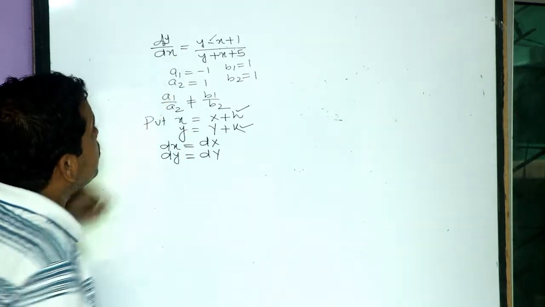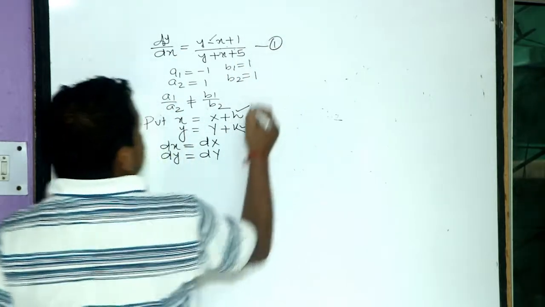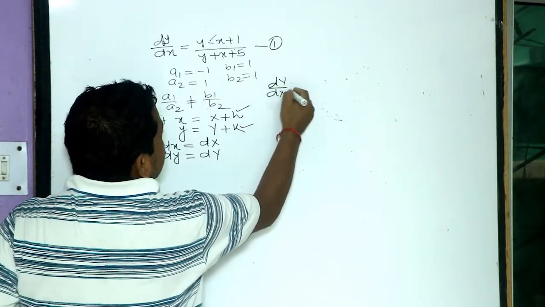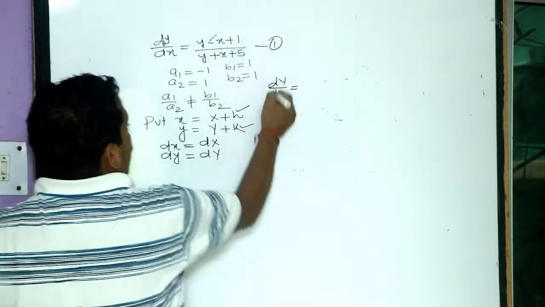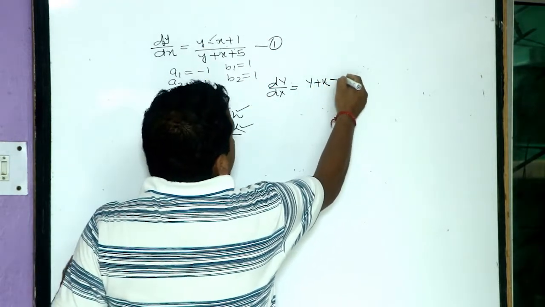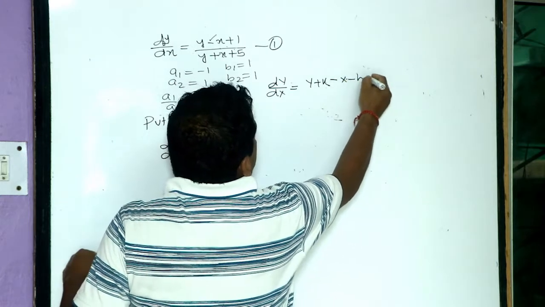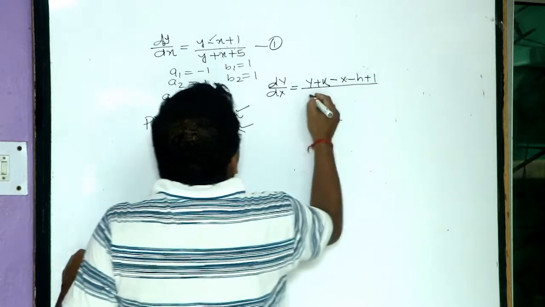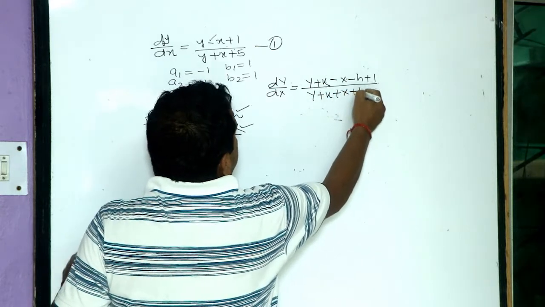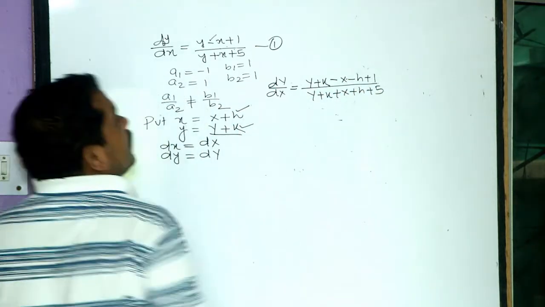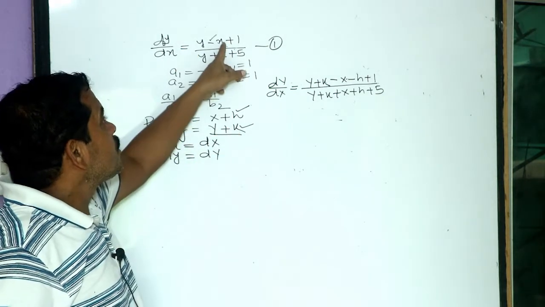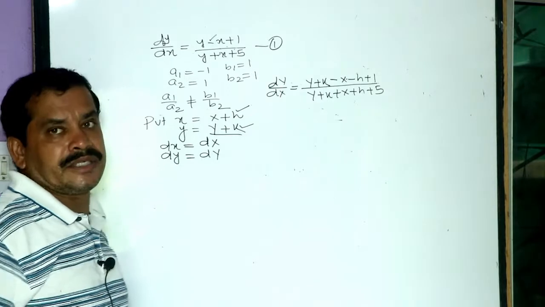Now the differential equation 1 becomes capital dY by dX equals, instead of y you put Y plus k, minus X minus h plus 1, by capital Y plus k plus X plus h plus 5. You put small y as Y plus k and small x as X plus h.